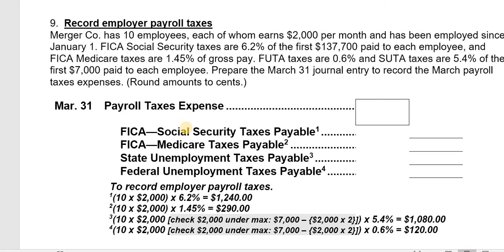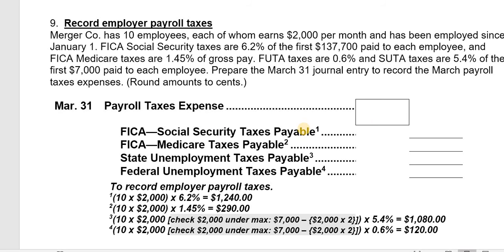The first 7,000, nobody has made more than that. How do we know that? Well, it's March 31st, so it's January, February, March, 3 months at $2,000 each is $6,000. That's less than the unemployment limit, so you're going to have to pay it for them.